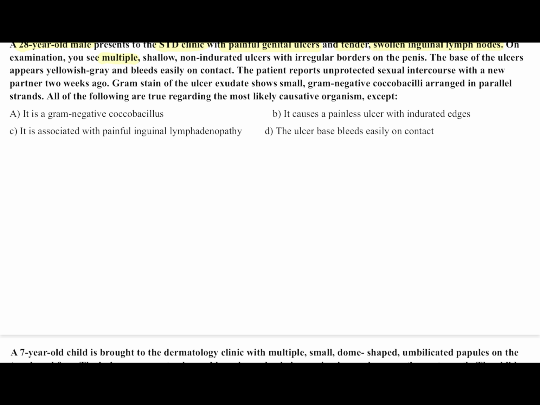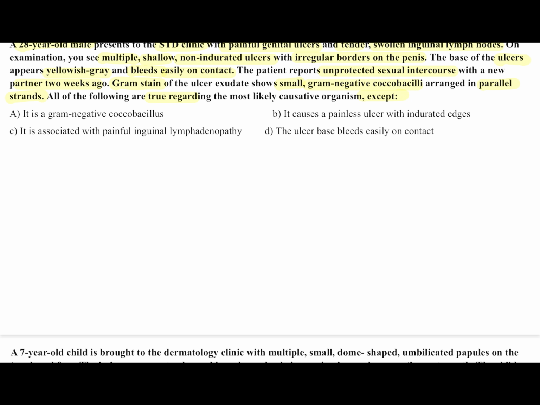On examination, you see multiple shallow, non-indurated ulcers with irregular borders on the penis, and the base of the ulcer appears yellowish gray, which will bleed easily on contact or touching. The patient reports unprotected sexual intercourse with a new partner 2 weeks ago. When you have done a gram stain of the exudate, it shows small gram negative cocobacilli in parallel strands. Which of the following is true?